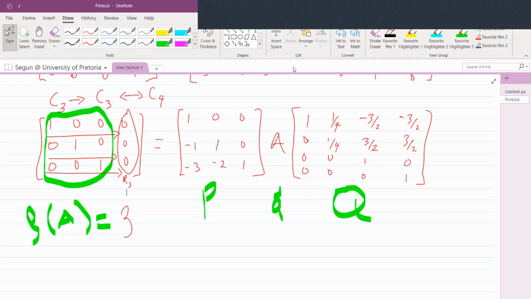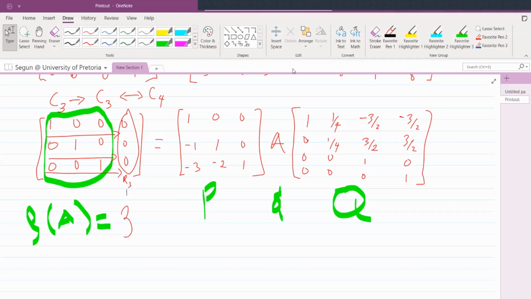I think it's the maximum number of linearly independent rows in a matrix. Linearly independent rows. Okay. When they say linearly independent, it means what?